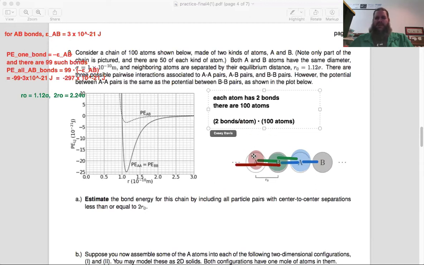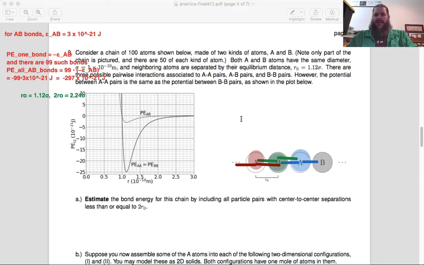If we're saying this atom has 2 bonds, and this atom has 2 bonds, and this atom has 2 bonds, what are we doing as we count up those bonds? Yeah, we're counting each bond twice. So what do we need to do to account for that? Right, divide by 2.